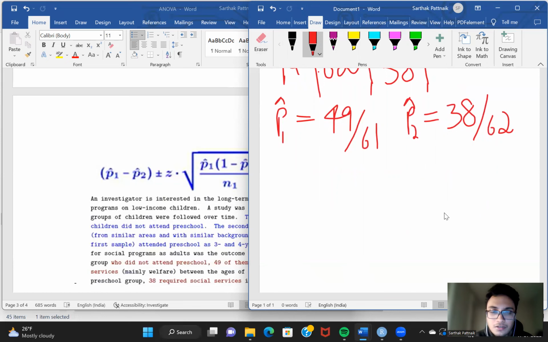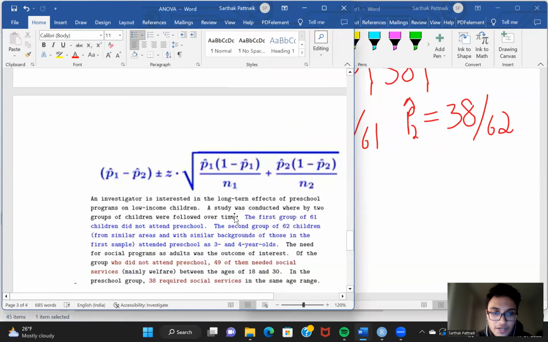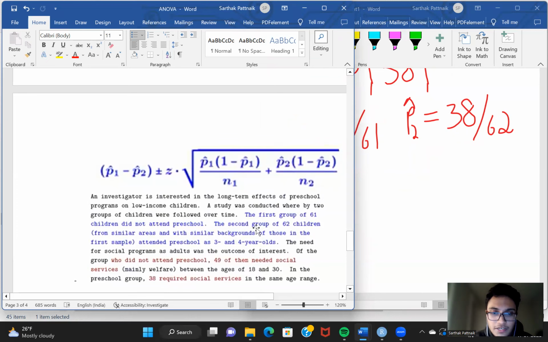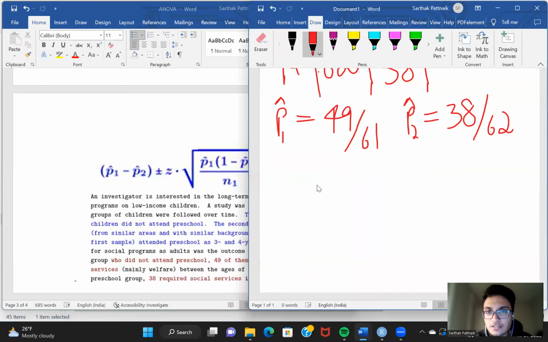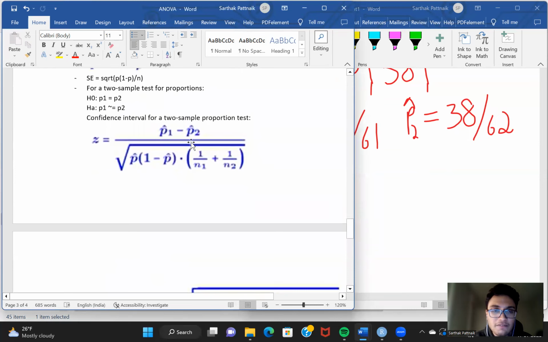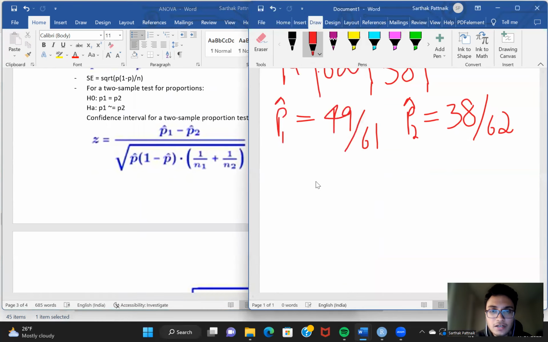And now going further, we have to calculate. So in the preschool group, 38 required social services in the same age range. So now let us suppose I have to calculate my Z statistic for this. I'll directly put my values in this formula, but before that, I need to show you how to calculate P cap.